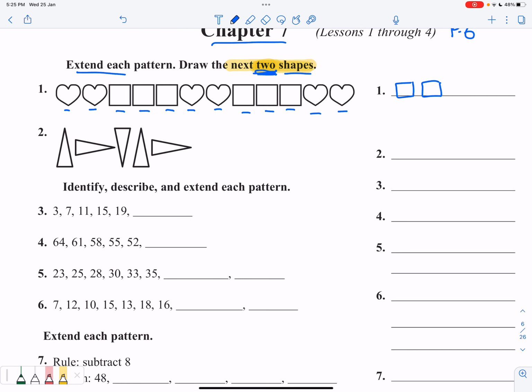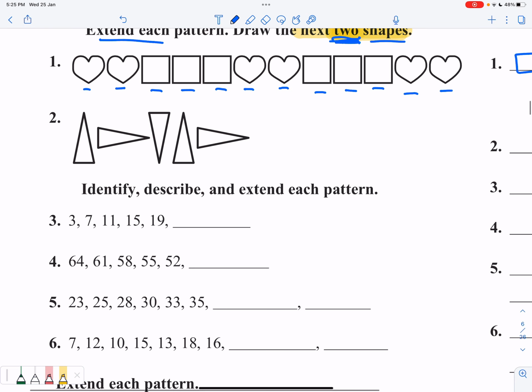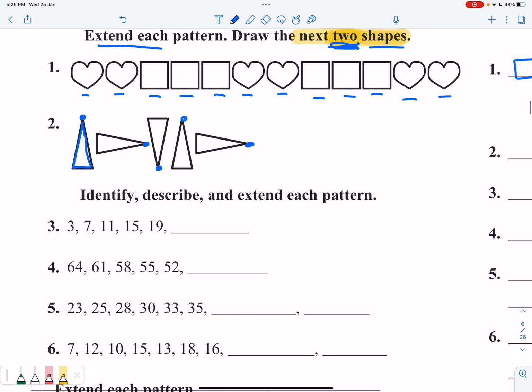Then the next question. Here we see that we have a triangle pointing up. Then the next triangle is pointing to the side, to the right, then down, then up again, then to the right again. So as you can see, the triangle is moving like this.